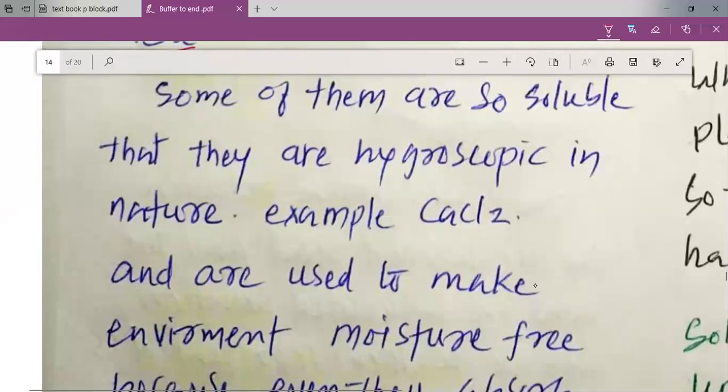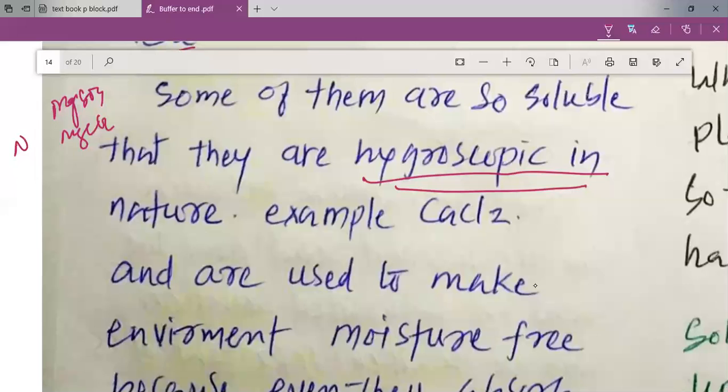Some of them are so soluble that they are hygroscopic in nature. Now let us understand the meaning of hygroscopic. Some substances, when they are placed into the air or into the atmosphere, become wet. If there is an impurity of magnesium sulfate or magnesium chloride in our NaCl, my dear students, such NaCl, if it is placed outside, becomes wet.